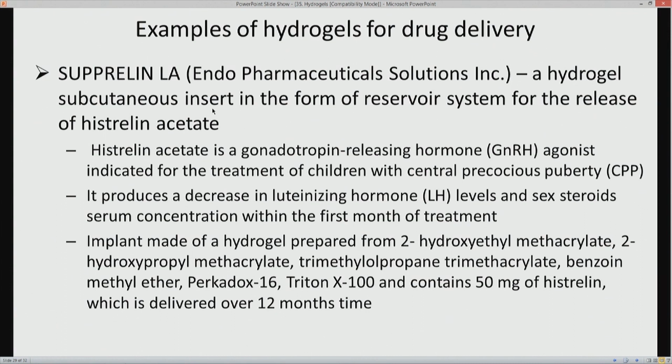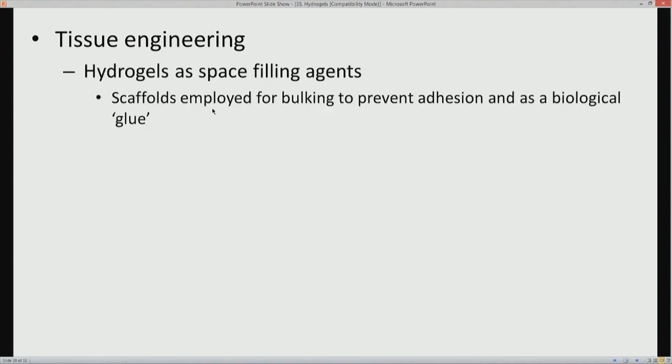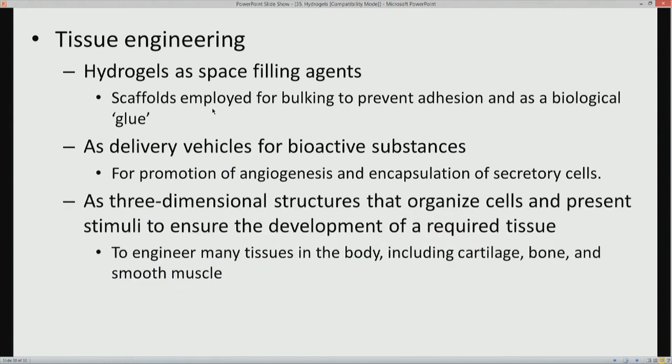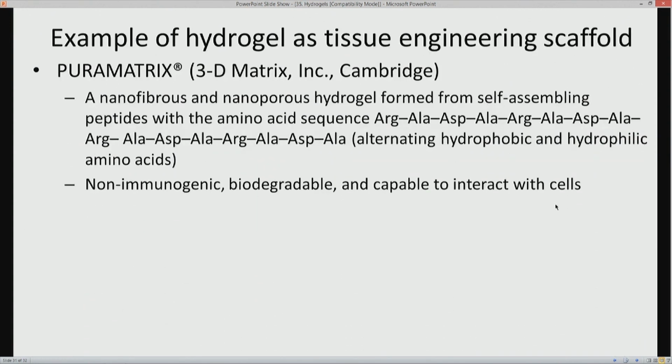So, there are already many products in the market which make use of hydrogels. Tissue engineering: as space filling agent, scaffolds to prevent adhesion, such as biological glue, as delivery vehicles for bioactive substances, as 3-dimensional structures that organize cells and present stimuli. A lot of tissue engineering based hydrogels are there.